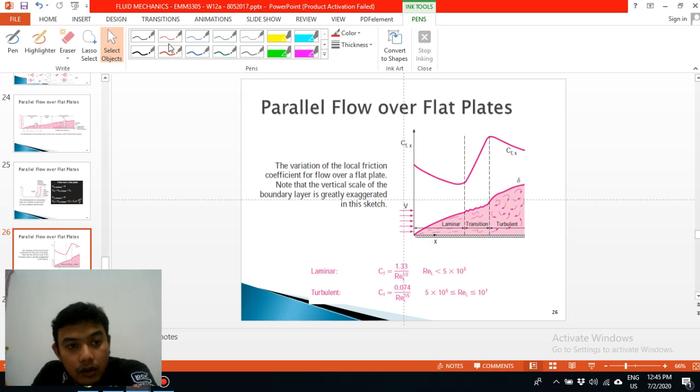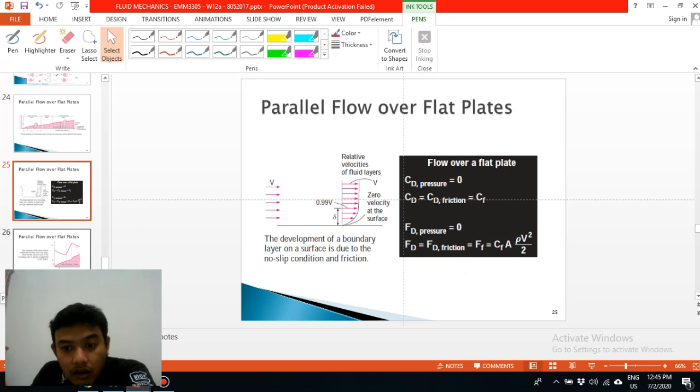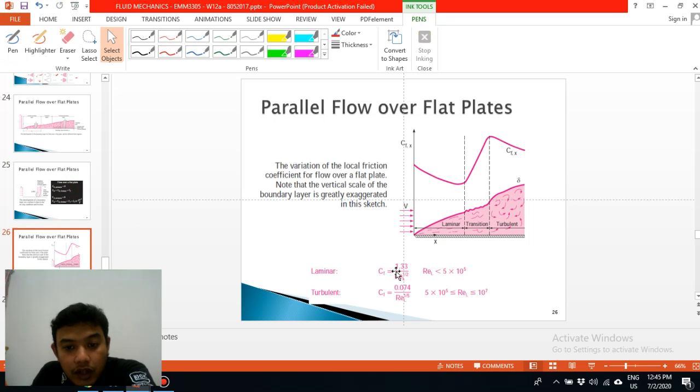Okay, now this is the formula for CF, the coefficient of friction. For laminar flow, in the range of Reynolds number below 5 times 10 to the power of 5, we use 1.33 divided by the square root of the Reynolds number.